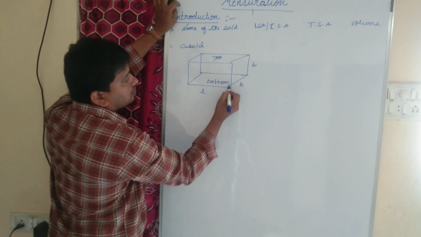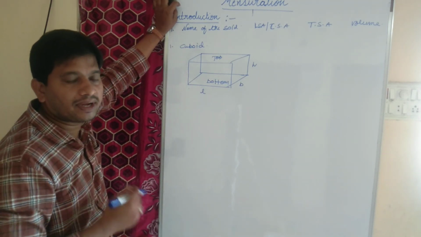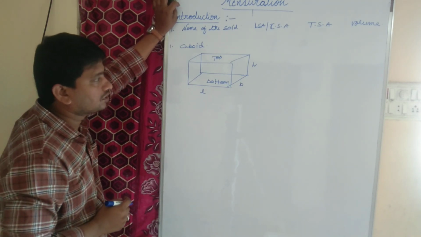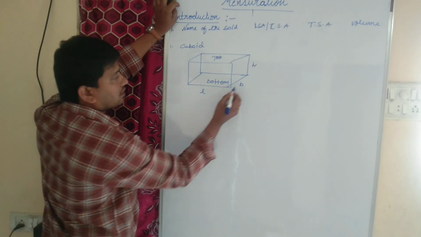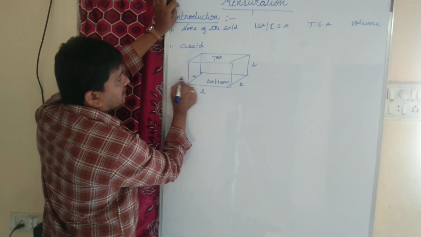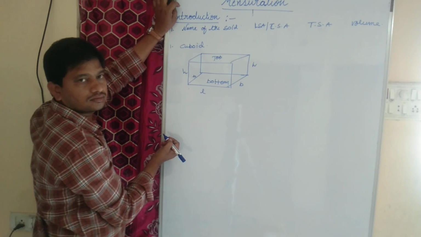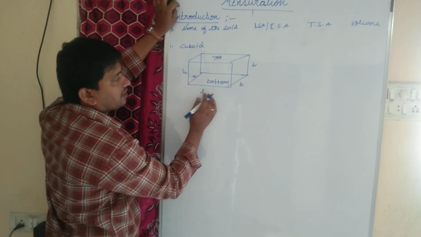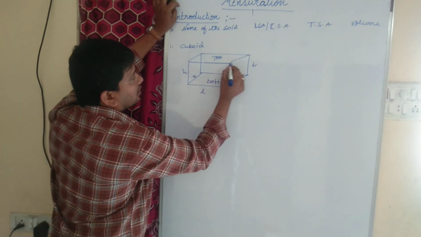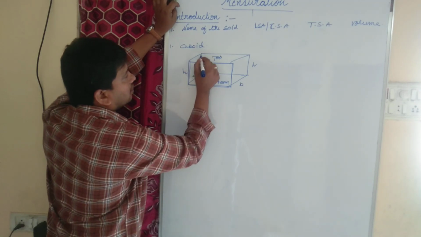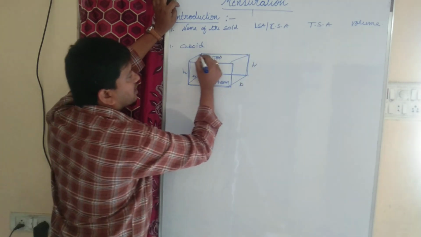We have to leave these two, then the remaining faces, right? So this is our base and this is our height. This is our front face and this is our back face.